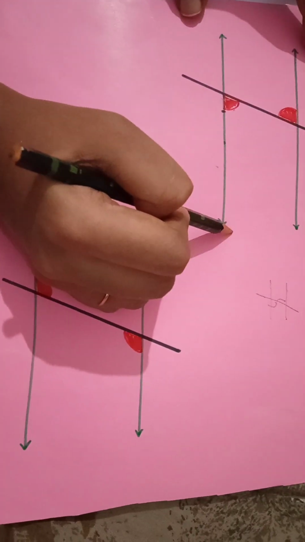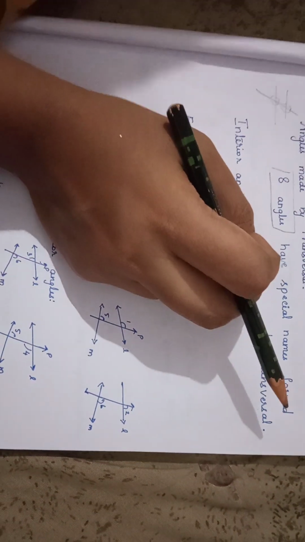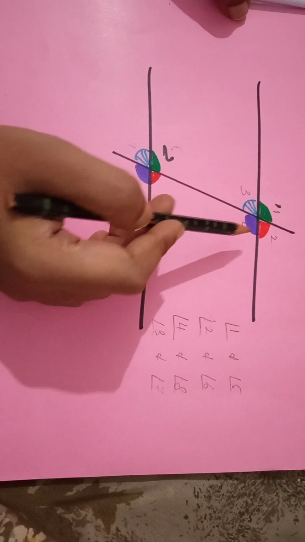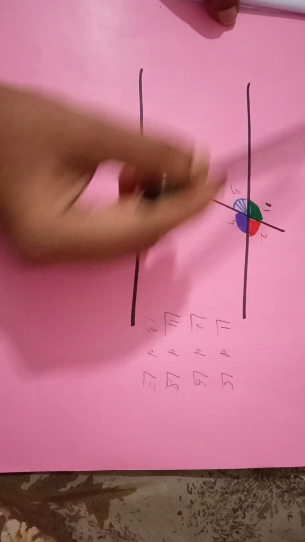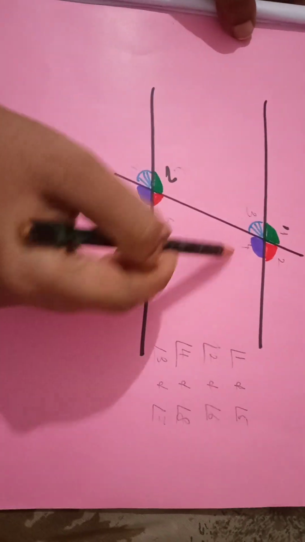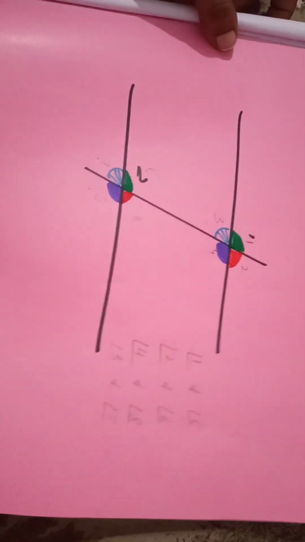If they are not parallel, then this does not hold good. Another one is, when the transversal cuts parallel lines, we can say that a pair of corresponding angles are equal. 1 and 5 are equal, 2 and 6 are equal, 4 and 8 are equal, 3 and 7 are equal. Okay.